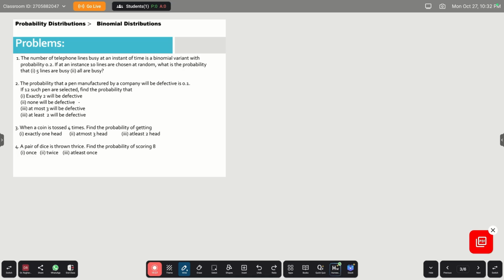Let me explain this. The number of telephone lines busy at an instant of time is a binomial variant with probability 0.2. That means the x is the number of lines busy, and the probability that one line will be busy is 0.2.